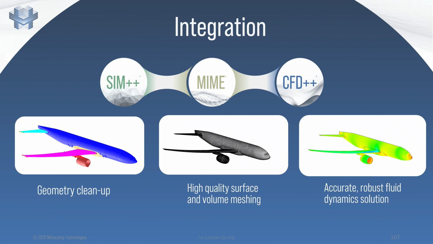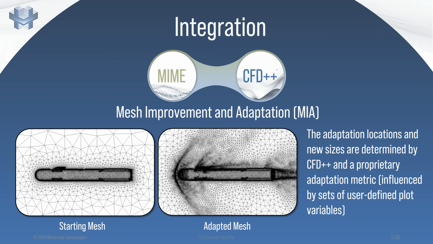Sim++ can prepare geometries from numerous sources for mesh generation in MIME, and MIME, in turn, can generate meshes tailored for CFD++ applications. MIME is also used in conjunction with CFD++ for mesh adaptation, generating optimal meshes for specific physics applications efficiently.